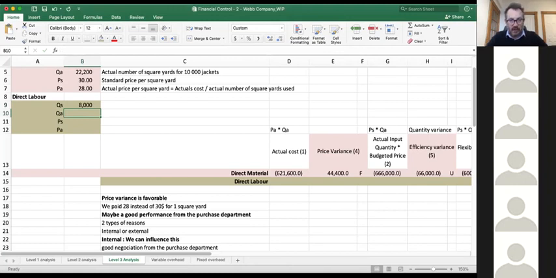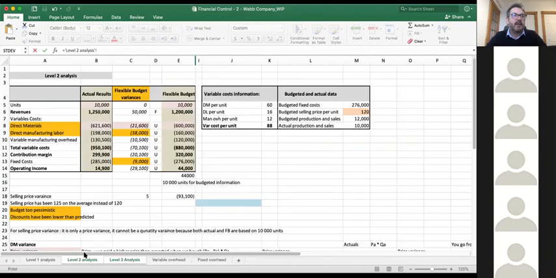And QA was finally 9,000. PS, it's $20 per hour. And PA, well, same thing as for the other one. We have to recalculate it using this information.